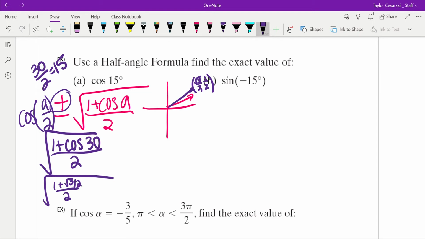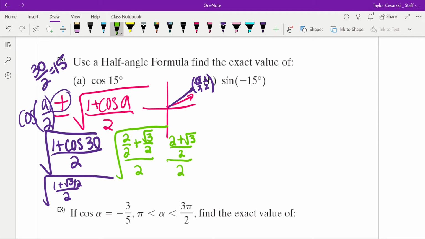Alright, so we're going to simplify this just a little bit. Some of these get pretty messy to simplify, so remember this will turn into 2 over 2 plus square root of 3 over 2 because we're just getting a common denominator. Okay, 2 over 2 is the same as 1. So this turns into 2 plus square root of 3 over 2, and then divided by 2.